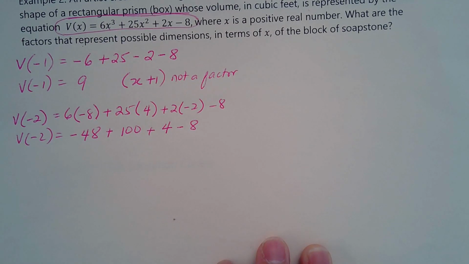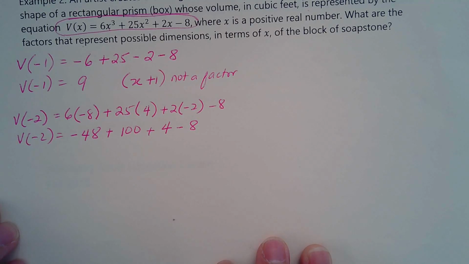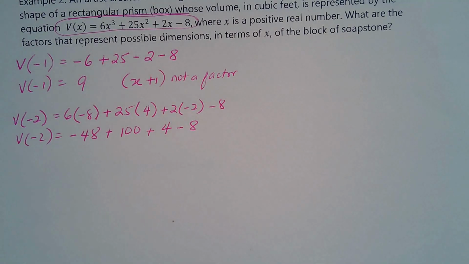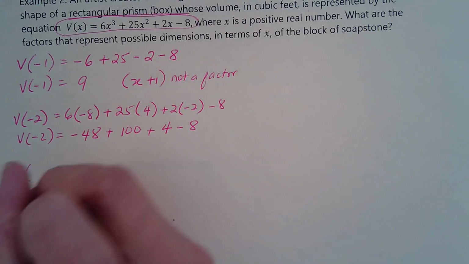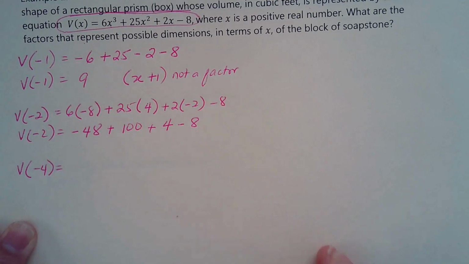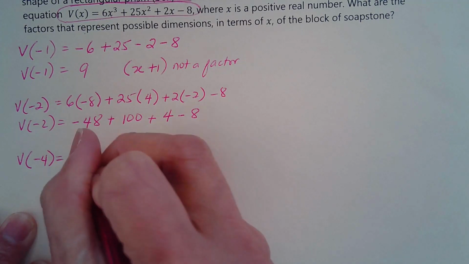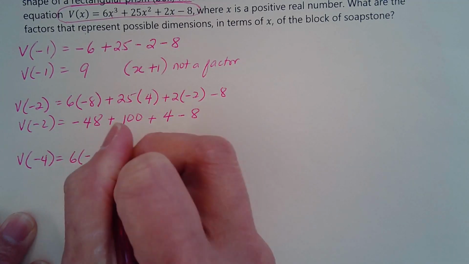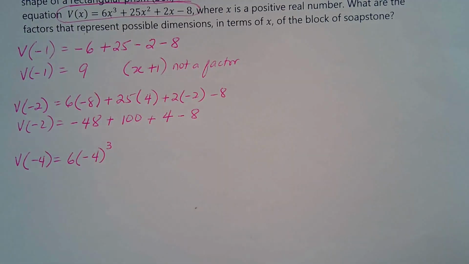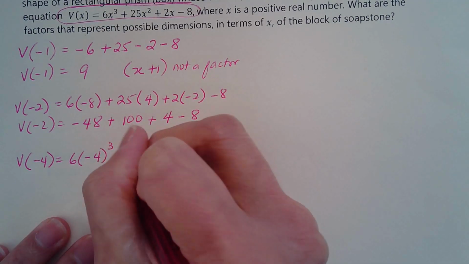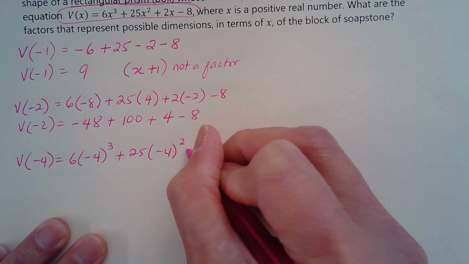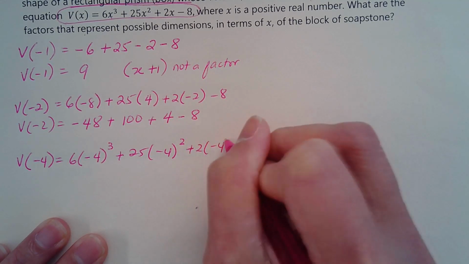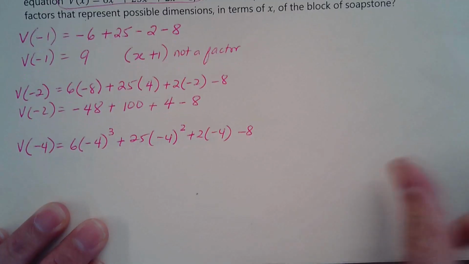What can we try? -4? Okay, let's try -4. Six times -4 cubed plus 25 times -4 squared plus 2 times -4 minus 8.